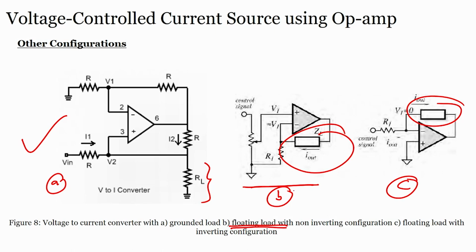B is showing a non-inverting amplifier, the voltage is given at the non-inverting terminal. In case of C, the voltage is given at the inverting terminal. So, now I have 3 different circuits: a voltage to current converter with grounded load, one with floating load, and with non-inverting configuration and inverting configuration, right.